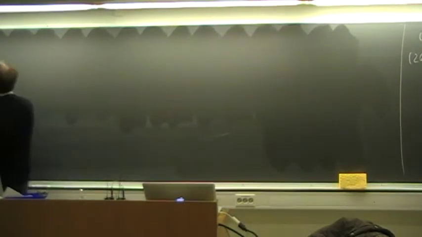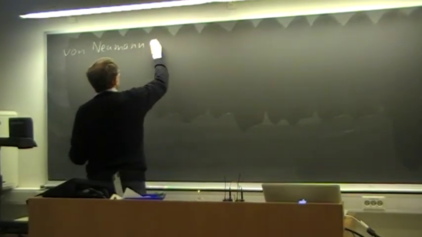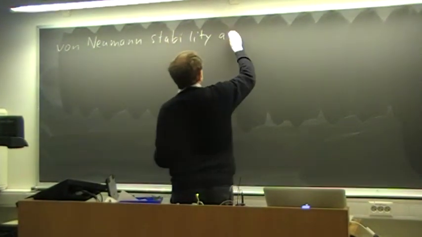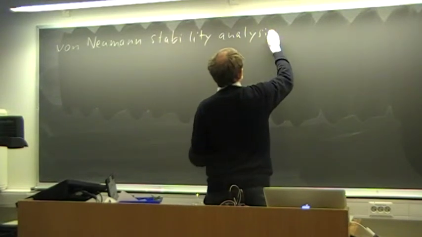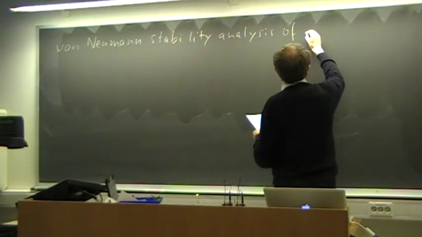So then we do the von Neumann stability analysis of the explicit upwind method.